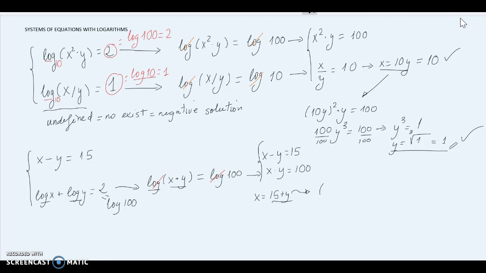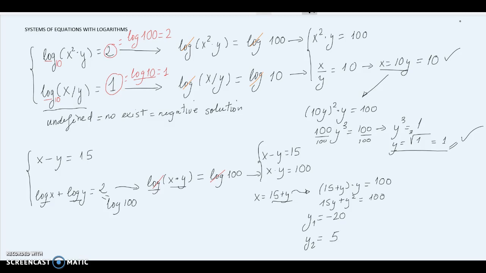I will have, in brackets, 15 plus y, times y, equals 100. You multiply: 15y plus y squared equals 100. This is a quadratic equation, and we'll get two solutions. The first solution will be minus 20, and the second solution will be 5.